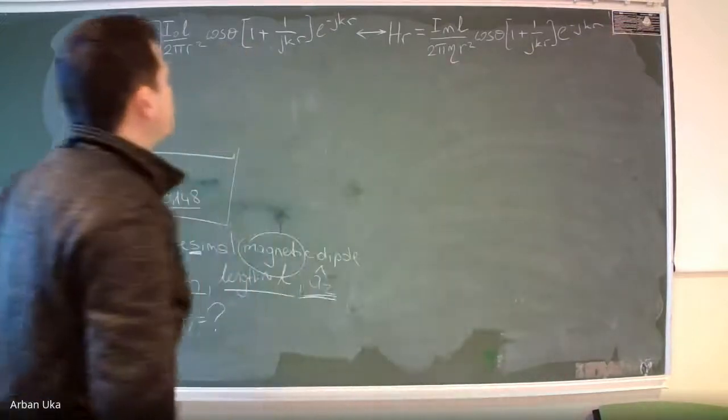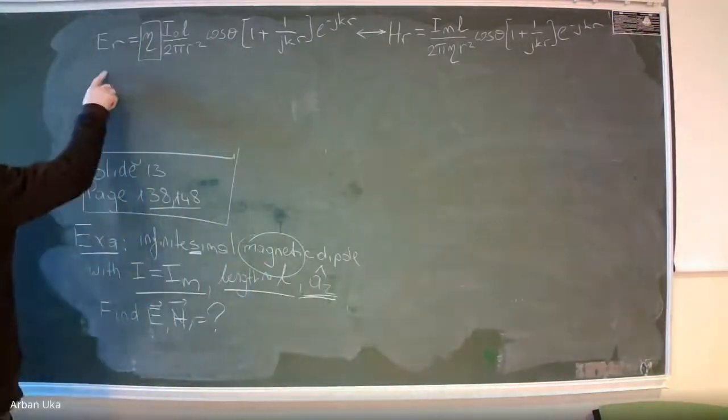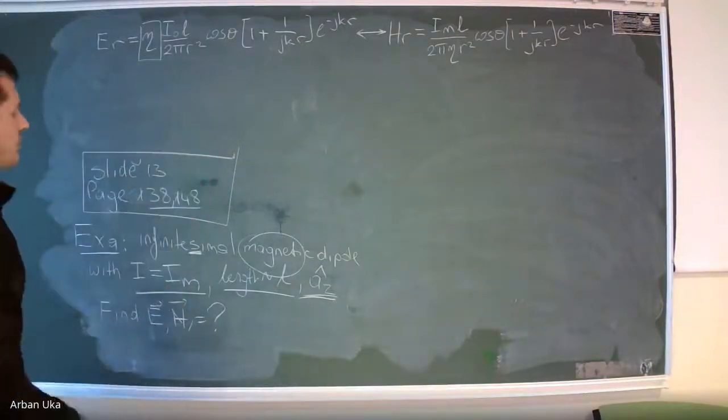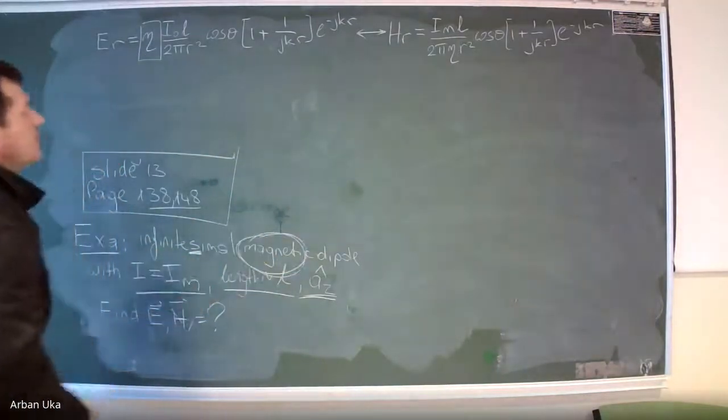So this is the old expression we have for currents, for antennas that we have derived. This is how we get the HR.